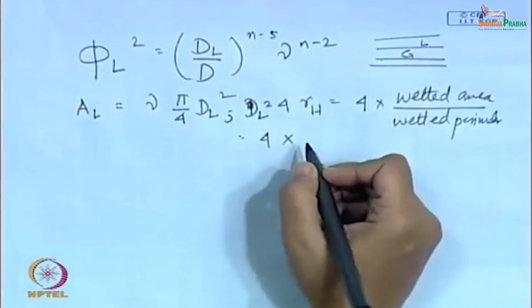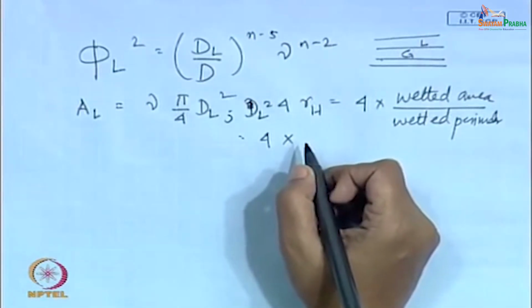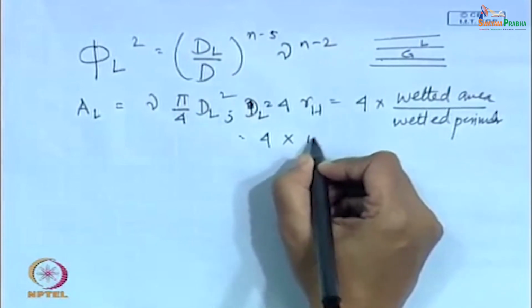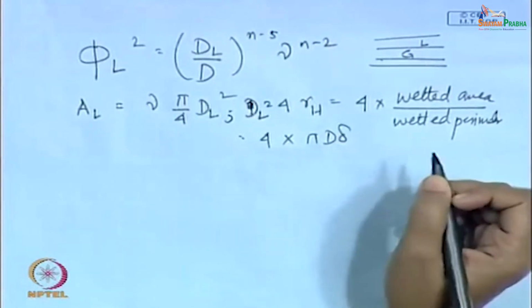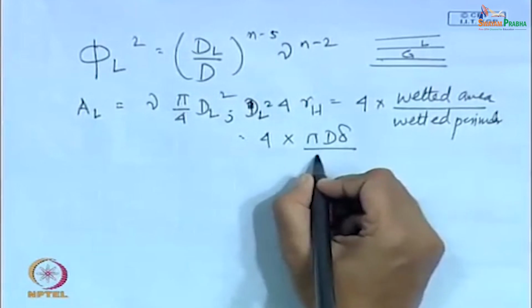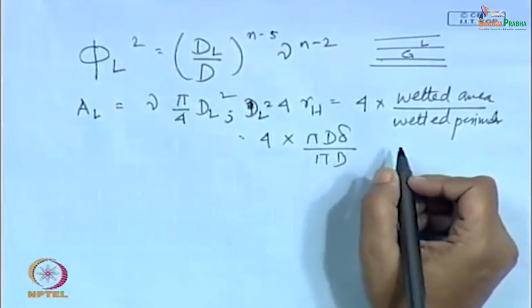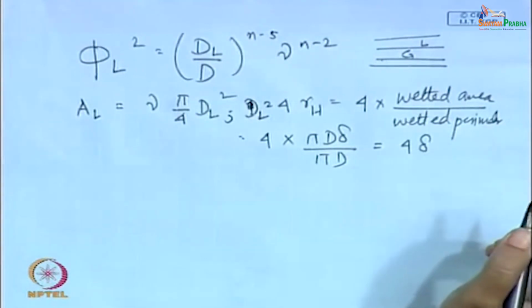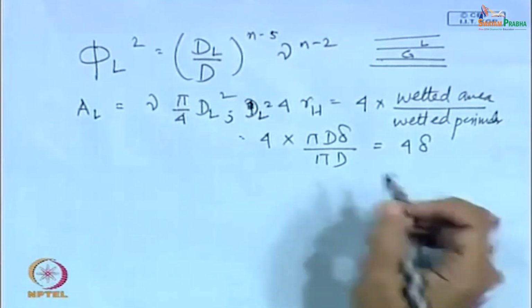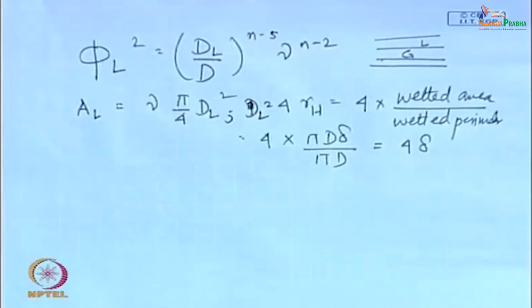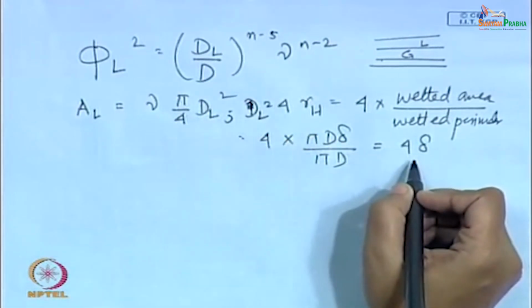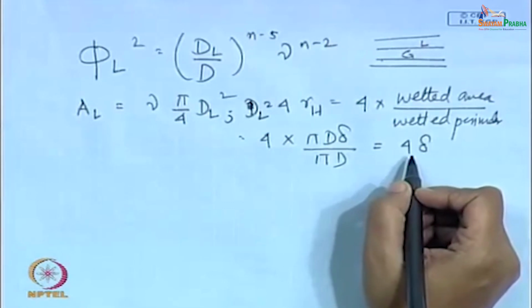The wetted area is pi d delta, and the wetted perimeter is equal to pi d. Therefore, 4 R h equals 4 delta, agreed. So in this case d L can be substituted by 4 delta, fine.